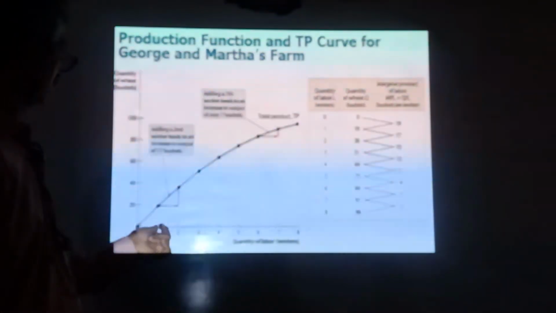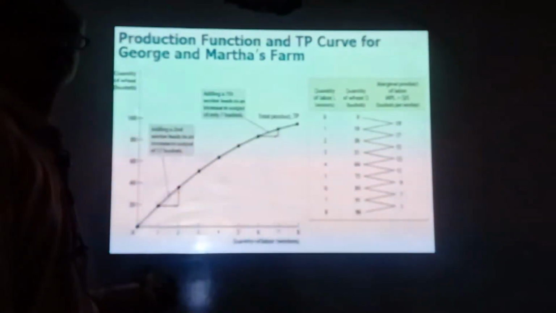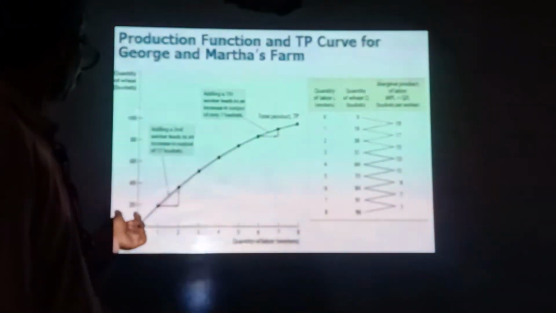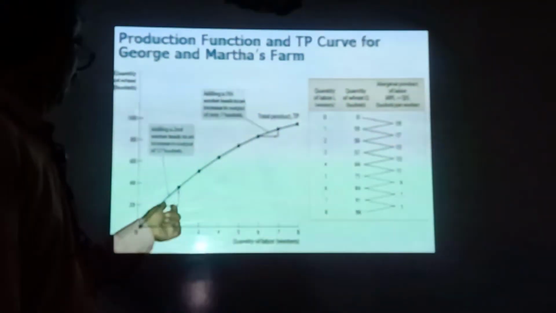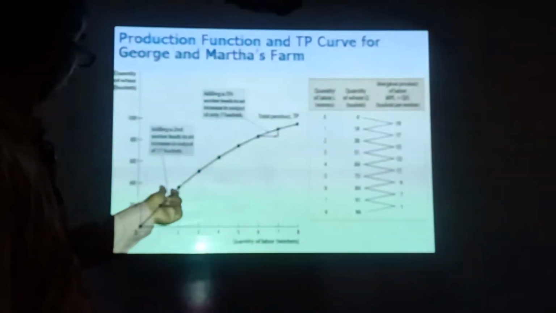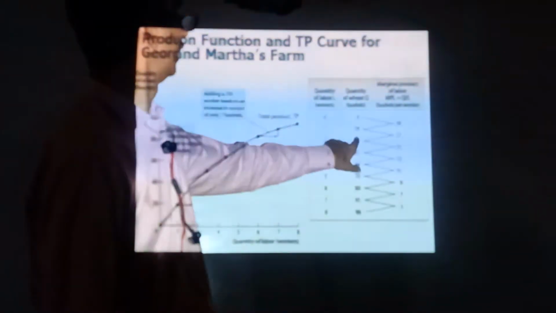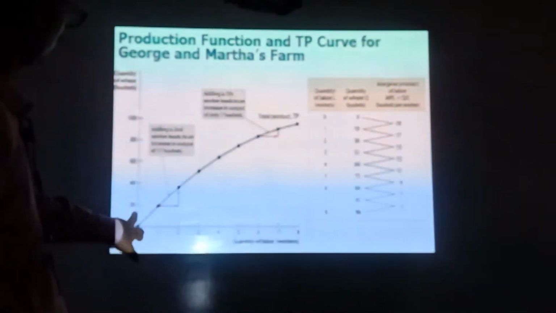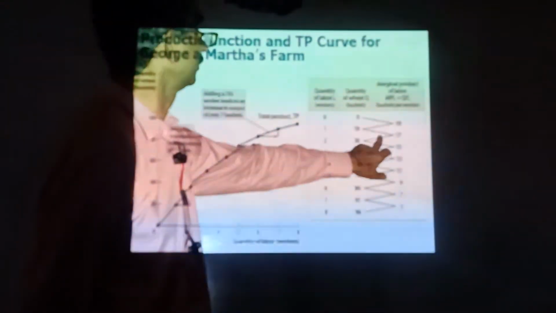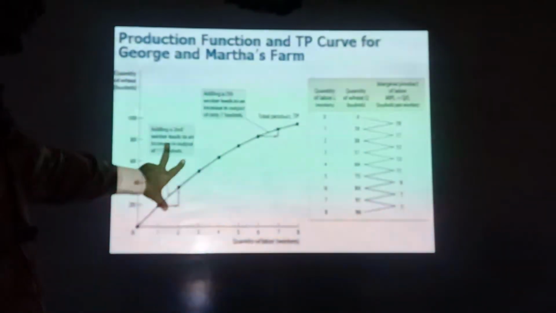Initially one worker can produce 19 bushels from the land, but with the second worker we have 36. So the second worker has contributed 17 bushels.